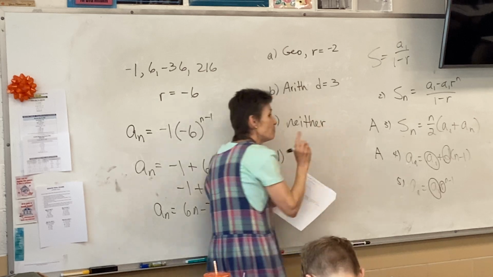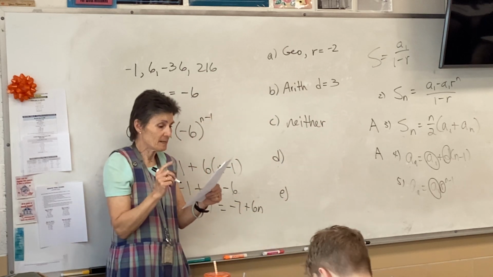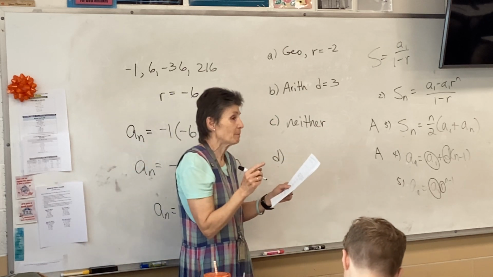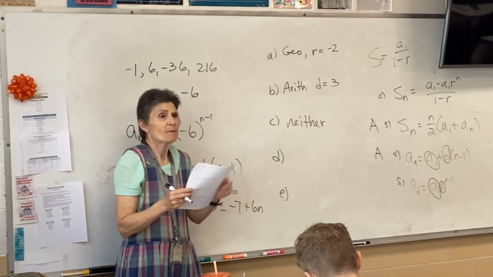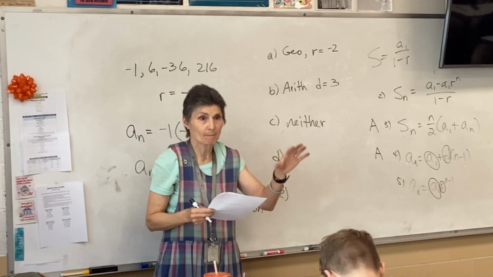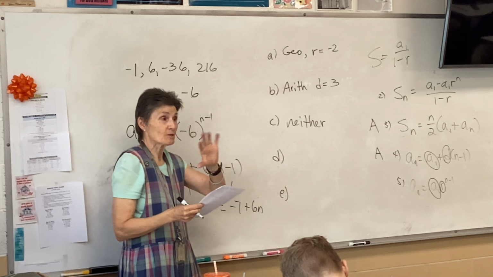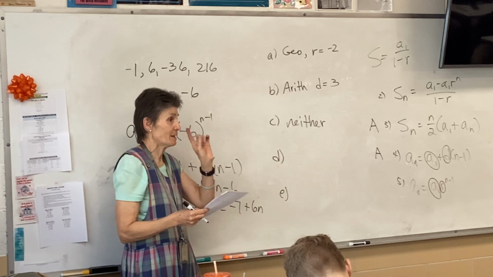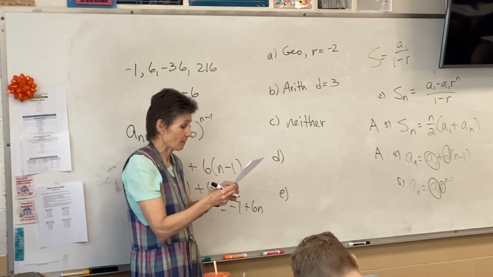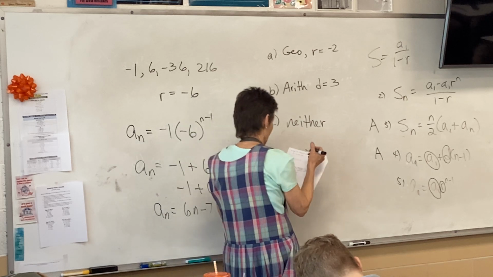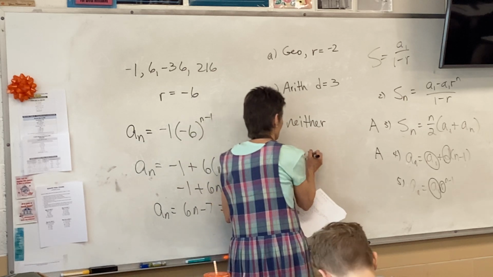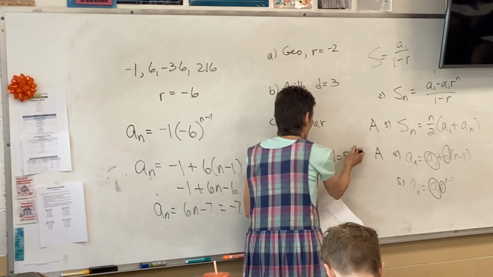Now, you might be looking at the denominator and saying, hey, but they're all going up by +1. Yes, but the whole term isn't going up by +1. So there's a pattern there, absolutely, but it is not arithmetic or geometric. How about D? Arithmetic, and the difference is 5.